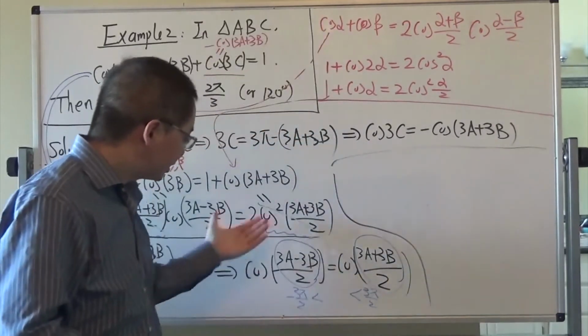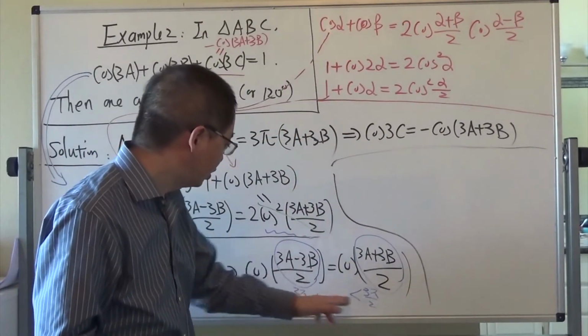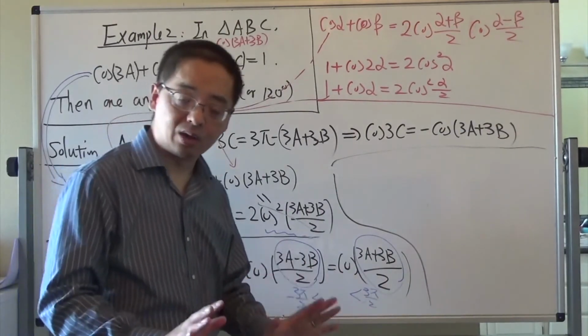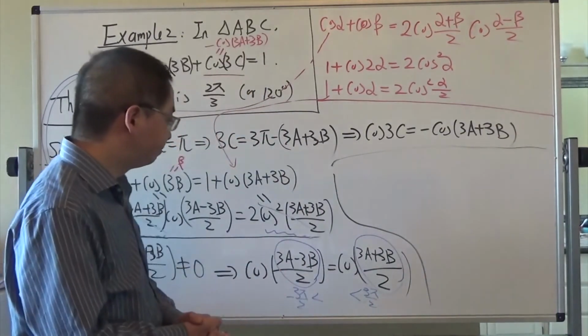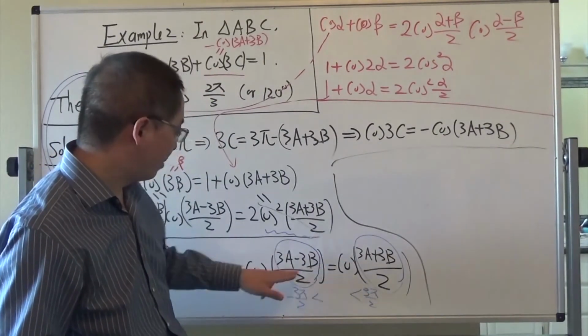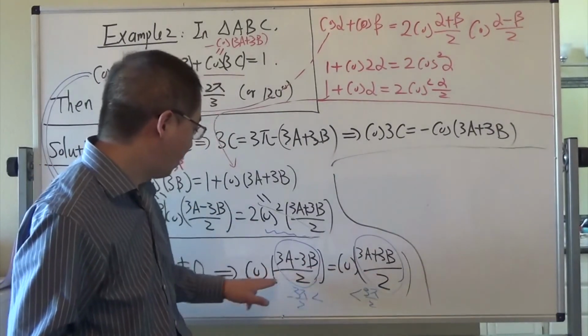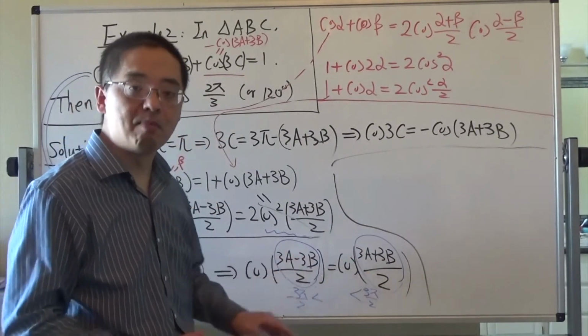Considering the range, we only have two scenarios: one equals 2 pi plus that when this is negative, or one equals 2 pi minus this when this one is positive.